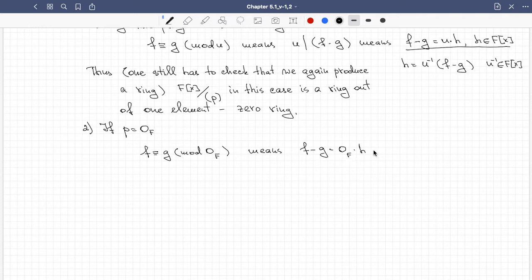Times 0, it is 0. So in this case, f is congruent to g mod 0 is equivalent to saying f is equal to g.